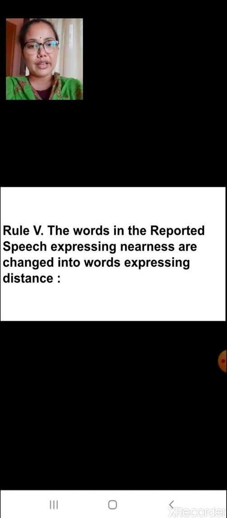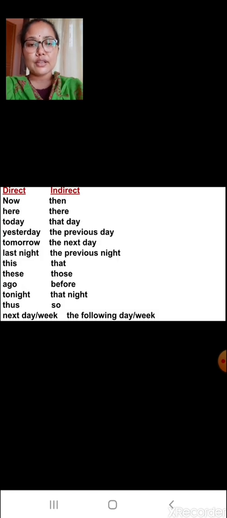Rule number 5. The words in the reported speech expressing nearness are changed into words expressing distance. For example, the word now written in the direct speech is changed into then in indirect speech. The word here changes to there.